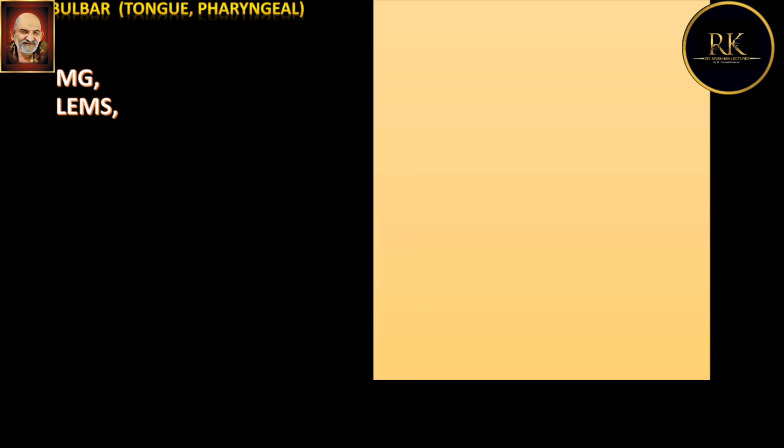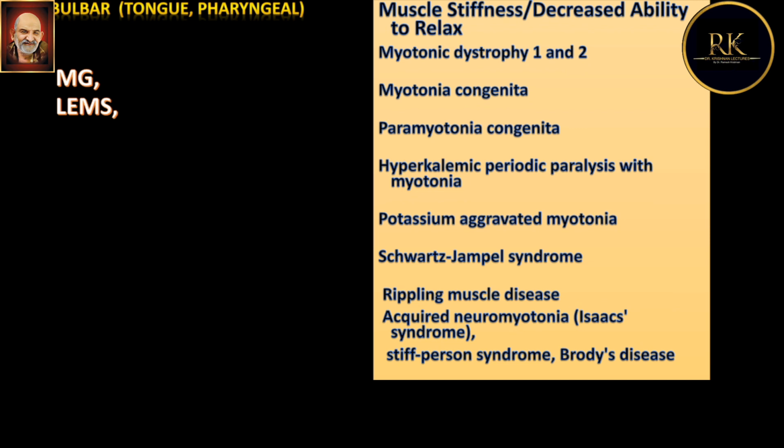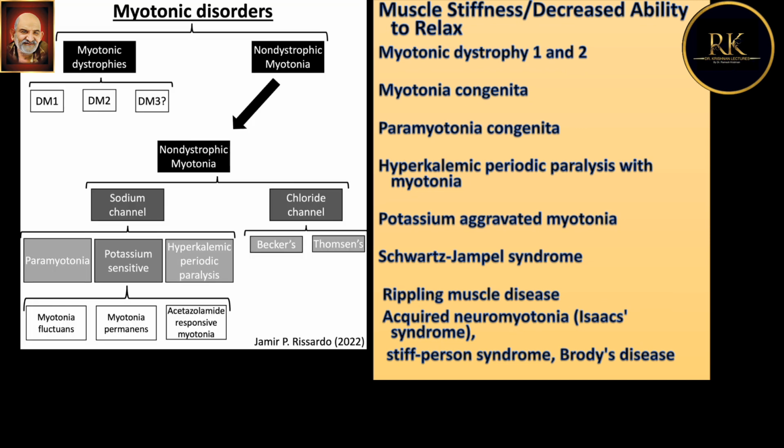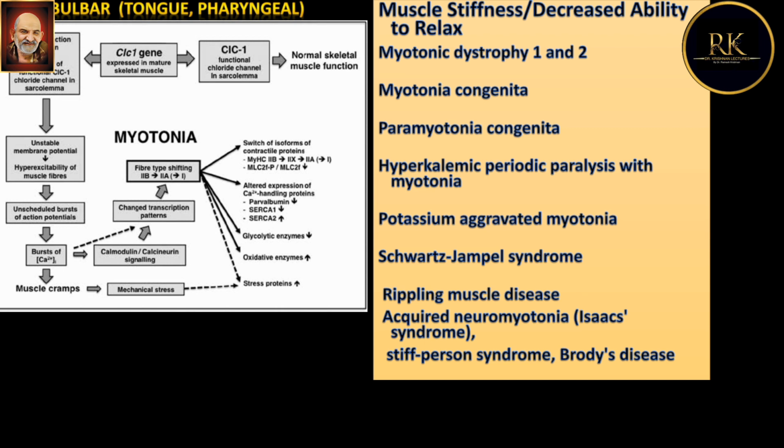If the patient presents with muscle stiffness or decreased ability to relax, it can be because of myotonic dystrophy type 1 and 2, myotonia congenita, paramyotonia congenita, hyperkalemic periodic paralysis with myotonia, potassium aggravated myotonia, Schwartz-Jampel syndrome, Rippling muscle disease, and acquired neuromyotonia like Isaacs syndrome, stiff person syndrome and Woltman disease.